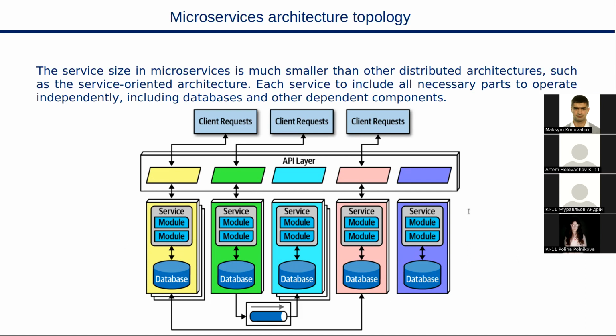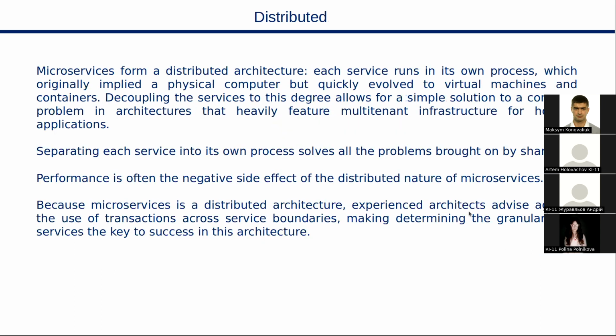Let's look at the key points that we should pay attention to when we look at microservice architecture. First, it is distributed. What does it mean? Each service runs in its own process, which originally implied a physical computer but quickly evolved to virtual machines and containers.